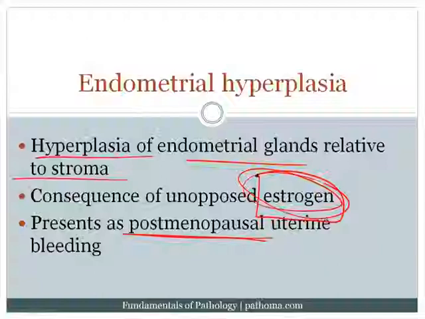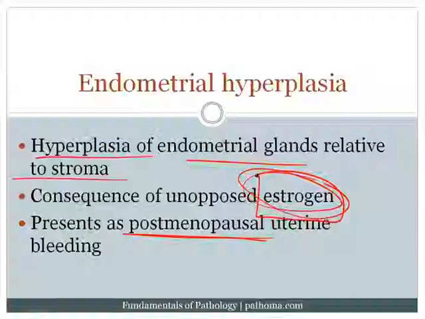And in obesity, we know that androgen gets converted to estrone, an estrogen, in the fat. So adipose tissue can convert androgen to estrone. That peripheral conversion to estrone will then hit the endometrium and cause the endometrium to undergo a hyperplasia. So that's one of the classic examples in which a patient might have endometrial hyperplasia.